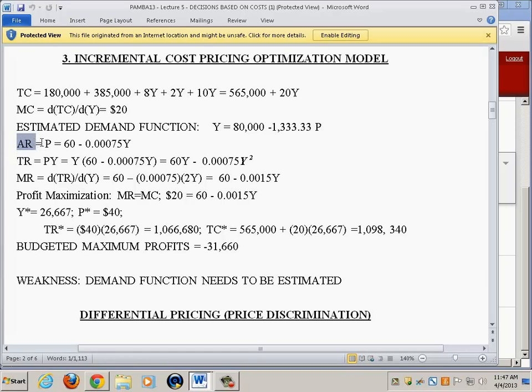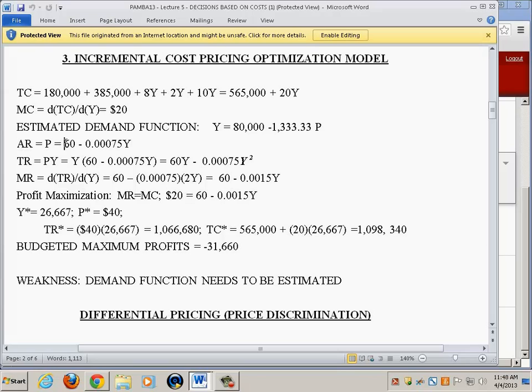So if average revenue equals price equals 60 minus 0.00075Y, to get to total revenue we have to multiply the price by Y. So we multiply both sides of the equation by Y. P times Y is PY, which is total revenue, TR.